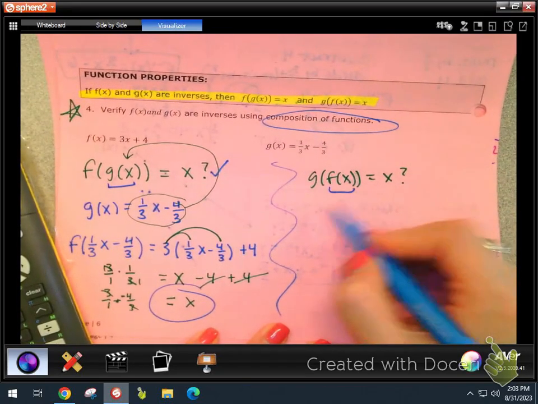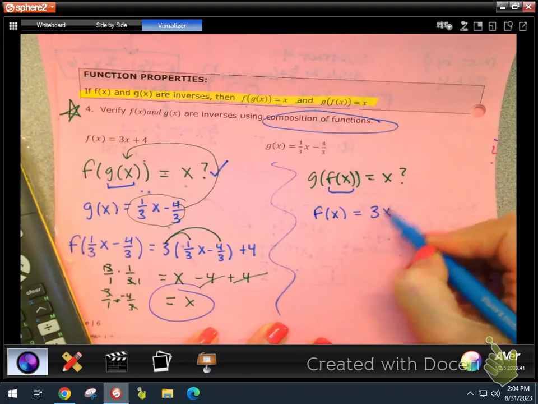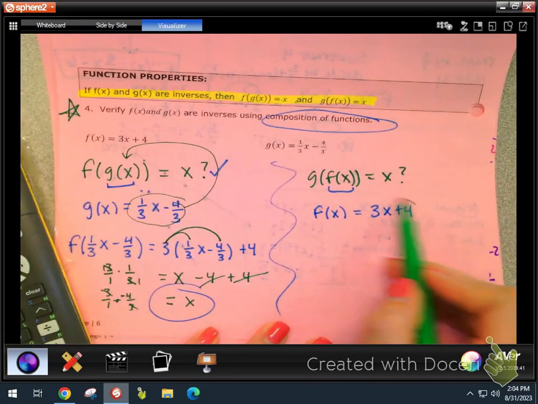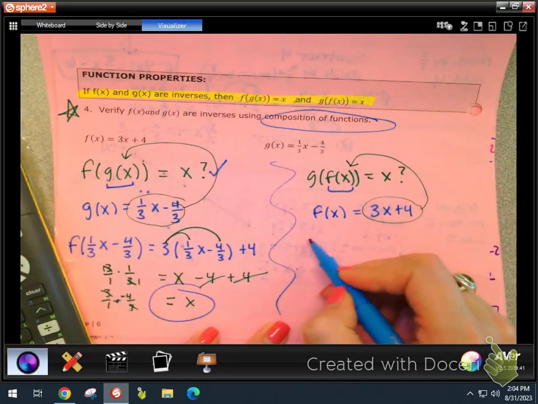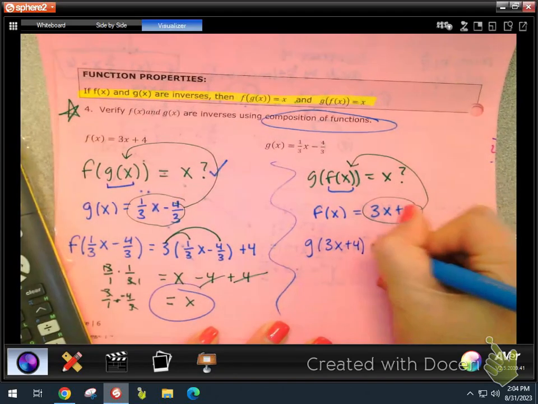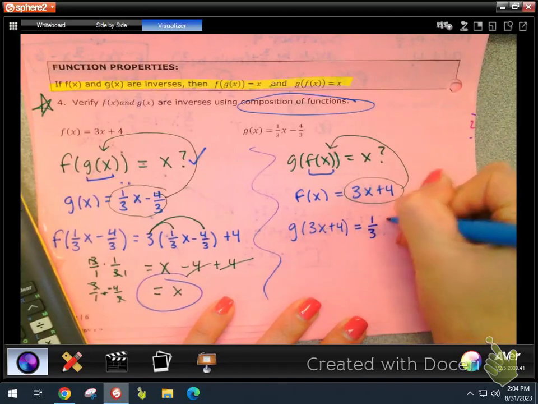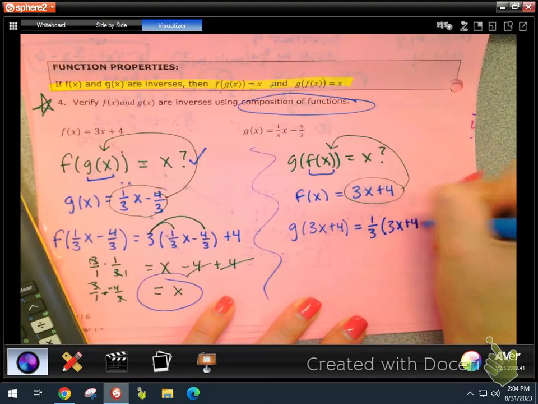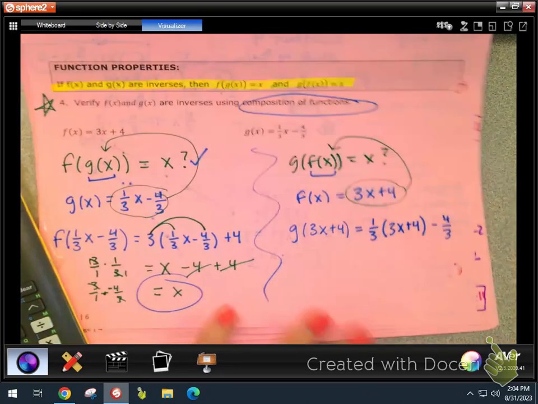Start in the middle. f of x is 3x plus 4. That's the input. Put this into function g. Function g says 1/3 times 3x plus 4, minus 4/3.